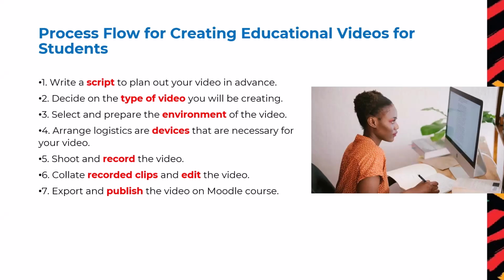Once you've selected the type of video, you also need to decide where you're going to prepare the video, the environment, and that will dictate the voice, the lighting, if you're going to be capturing the teacher talking, or the sound, the echoes, and all that. If there are any devices that you need, including a camera, if your institution has one, then you might need to borrow. Normally, in our institution, the public relations office has cameras, and we can borrow them from time to time.